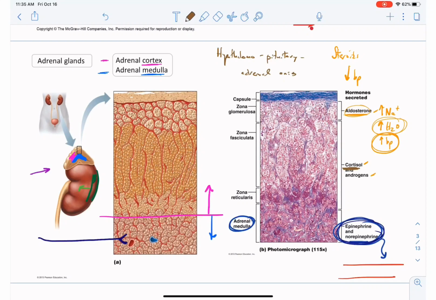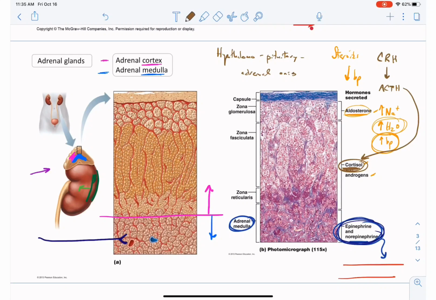And so what's going to happen is the hypothalamus is going to release the hormone CRH. It's going to travel down to the anterior pituitary, which is going to release ACTH into the blood. ACTH is going to act on the adrenal cortex and cause the release of cortisol into the blood.